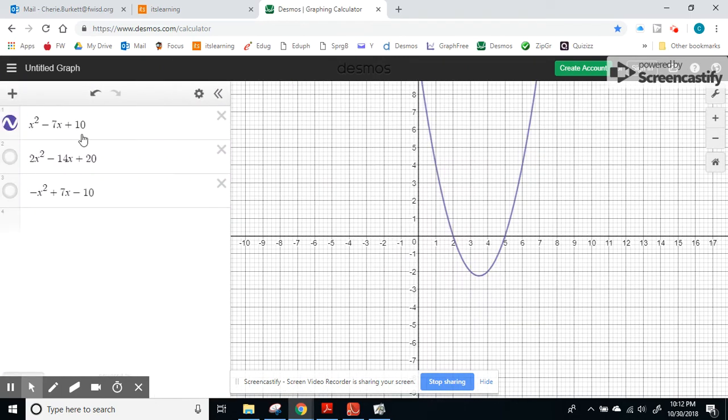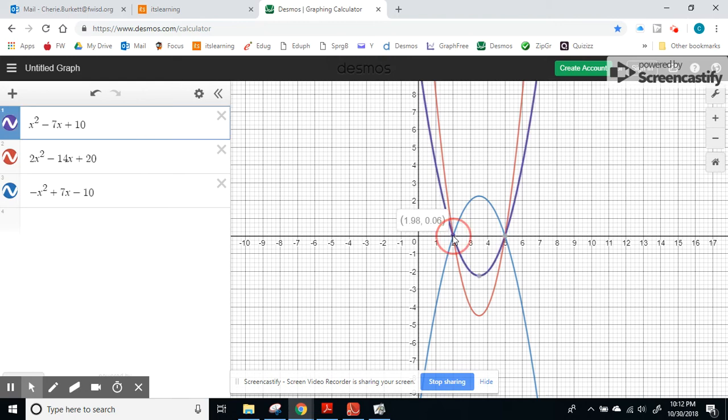This is the equation that we just graphed, x squared minus 7x plus 10. But look what happens if I graph those 2 graphs. What do all of these have in common? They all have that point right there, 2, 0 in common, and 5, 0. All 3 of these parabolas pass through the points 2, 0 and 5, 0.